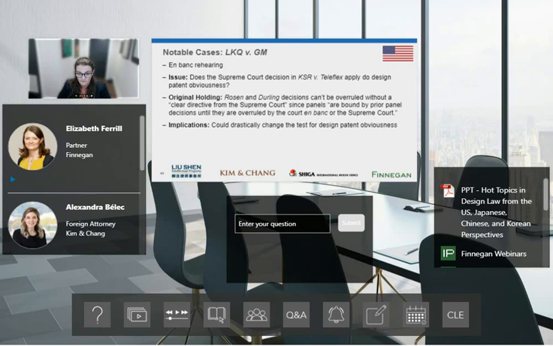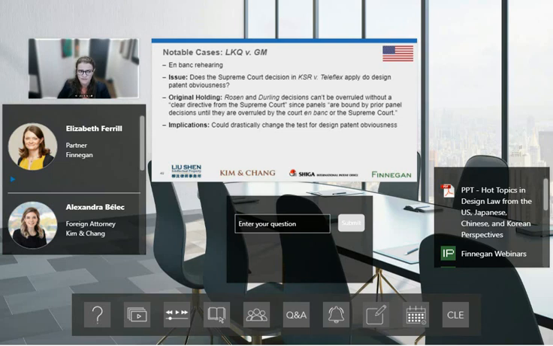So in the United States, in addition to clarity and definiteness requirements and novelty requirements, there is a requirement that design patents be non-obvious or not an obvious variant over prior designs.